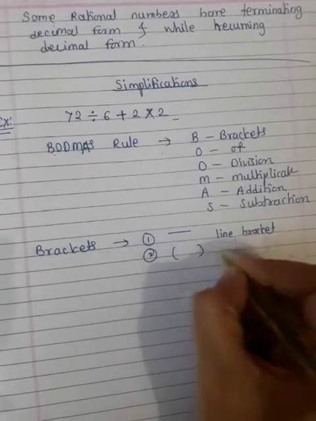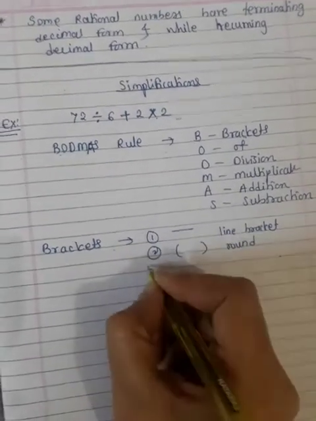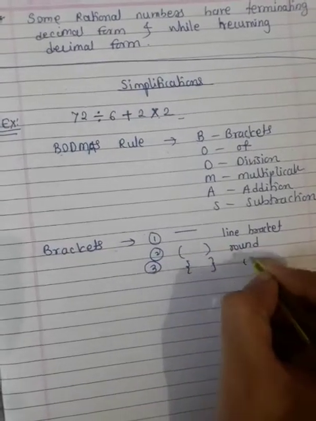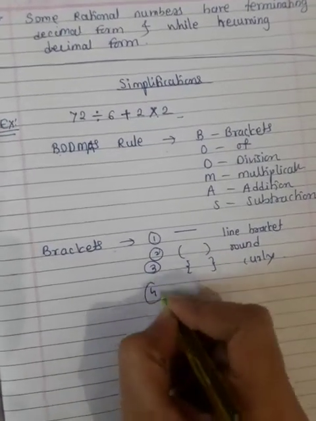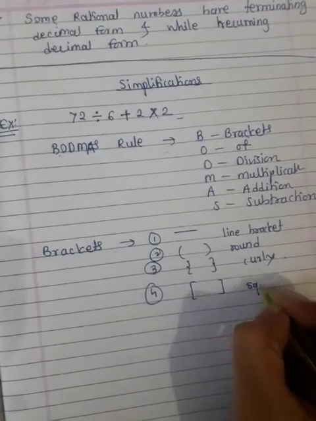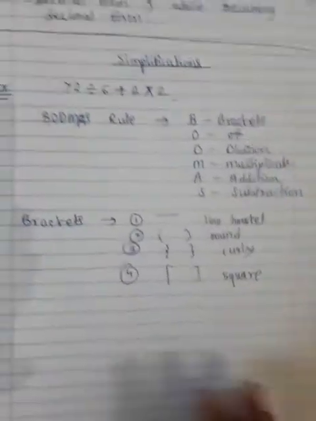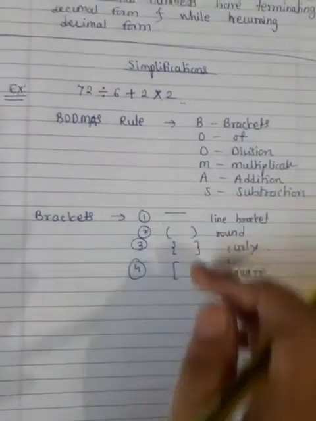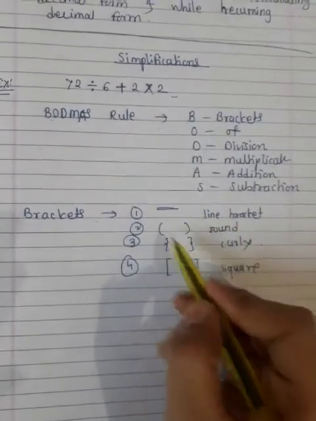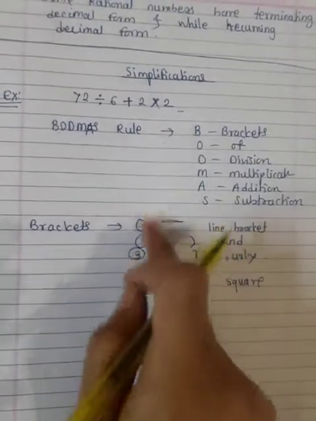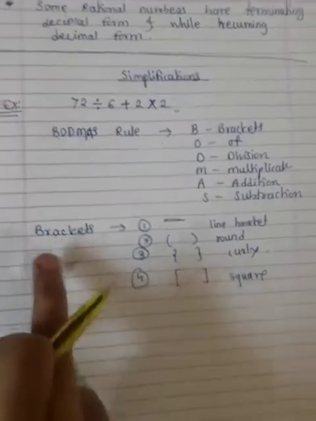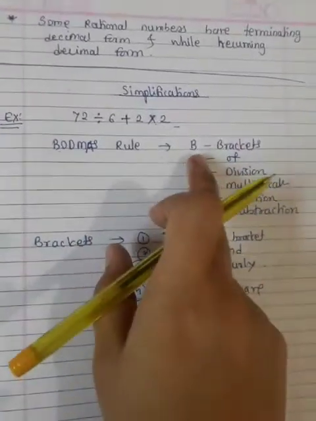Second is the round bracket. Third is the curly bracket, and fourth is the square bracket. So four types of brackets are there. Whenever there are such brackets, first solve line, then round, then curly, and then square. Keep this order.